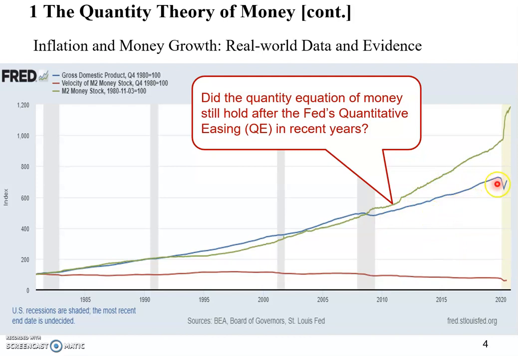As we said, nominal GDP rose about 7 times, and the money supply is 12 times as much as back in 1980. But we should not expect that the velocity of money would change 7 times or 12 times over these years. So this is another thing we're going to check out later.